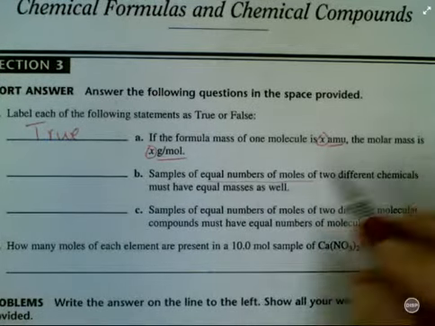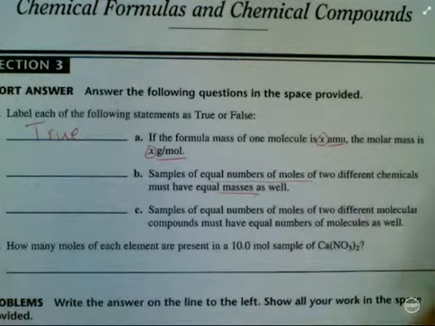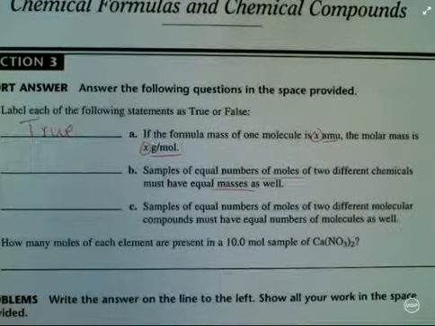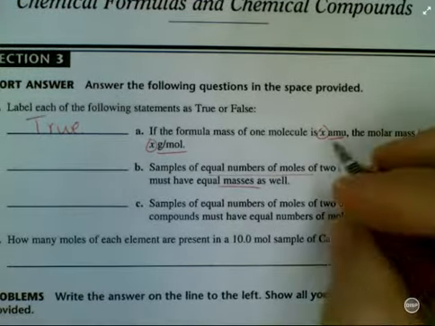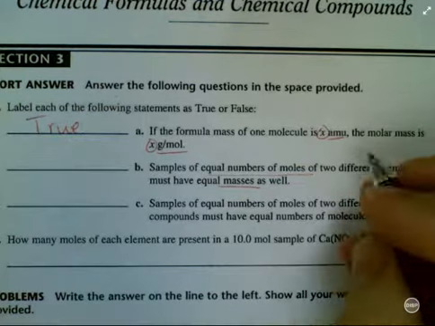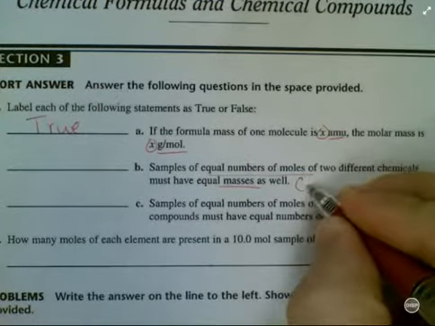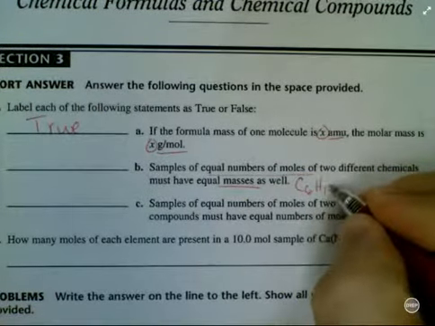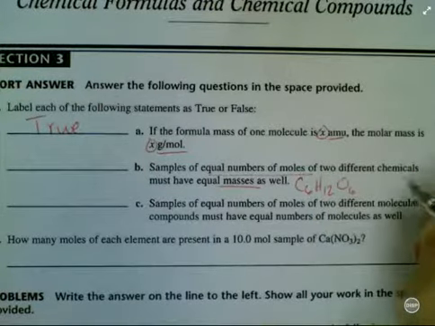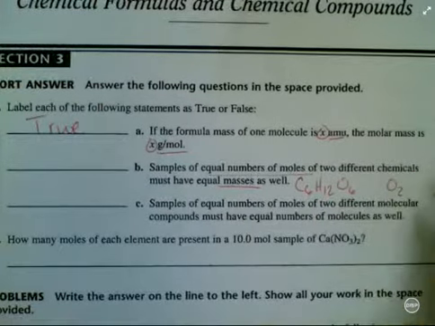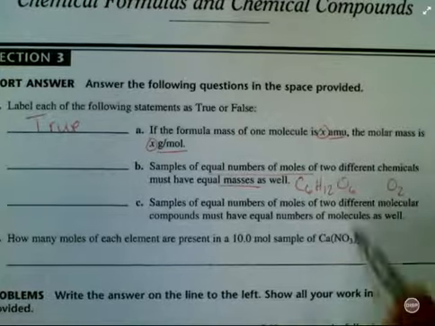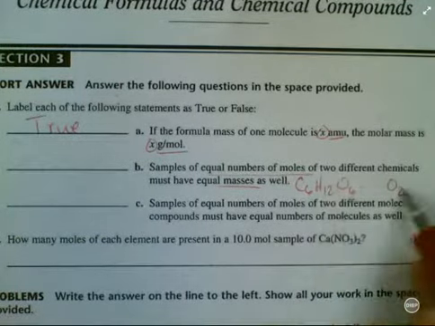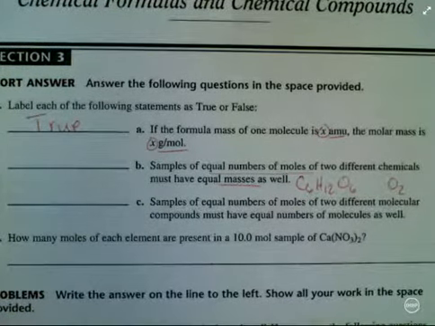Do they have the same masses as well? And my very simple response to that is, if I were to have glucose, C6H12O6, and something like O2, if I had the exact same number of moles of glucose as I had O2, would both of those samples have the same masses? No.